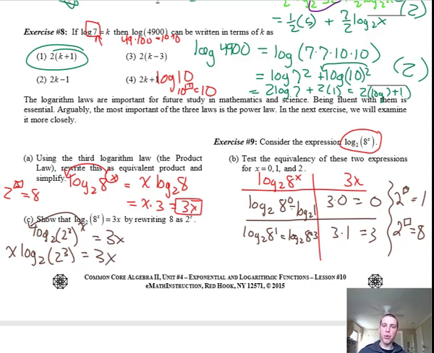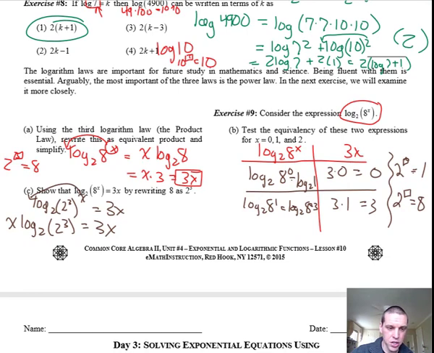Now, this is important to see, and I'm surprised we didn't get to it beforehand. When I have log base 2 of 2 to the third, this is the same thing as saying 2 to what power equals 2 cubed.